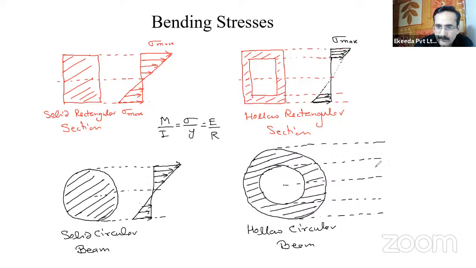So this will be the variation, like this. So this is the variation in case of a hollow circular shaft.